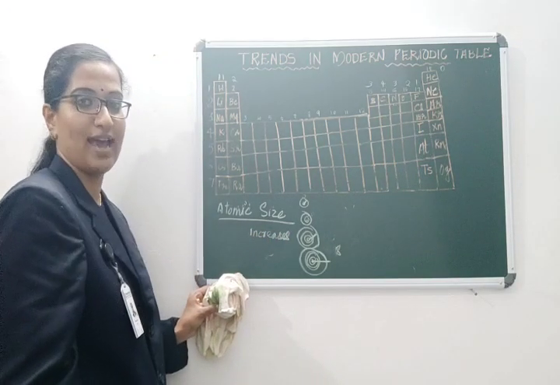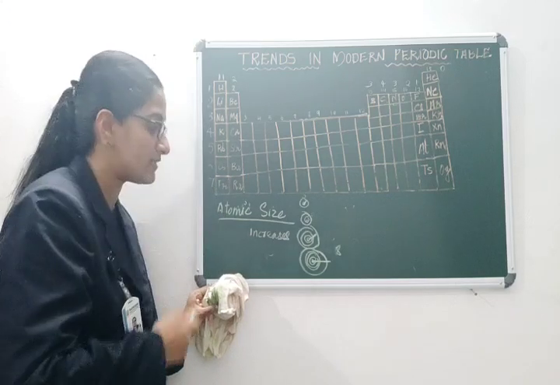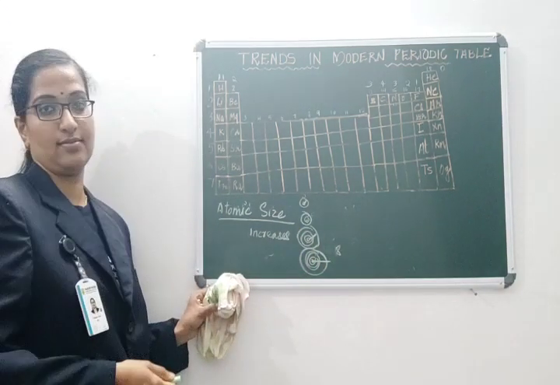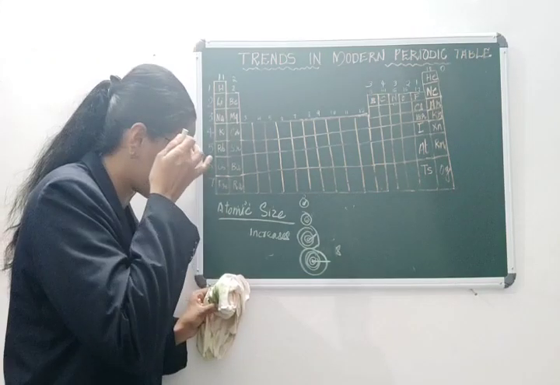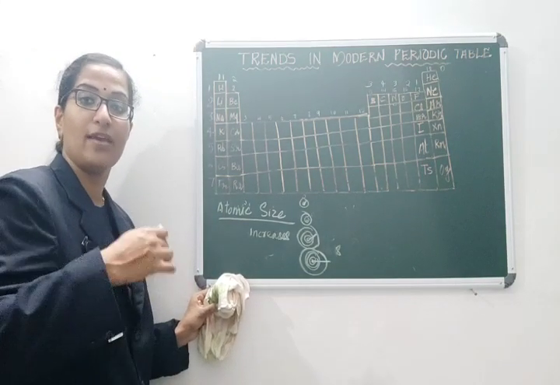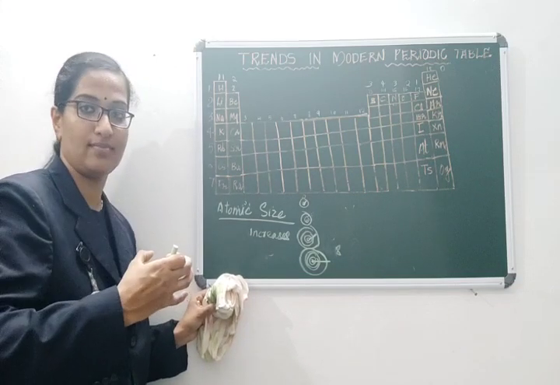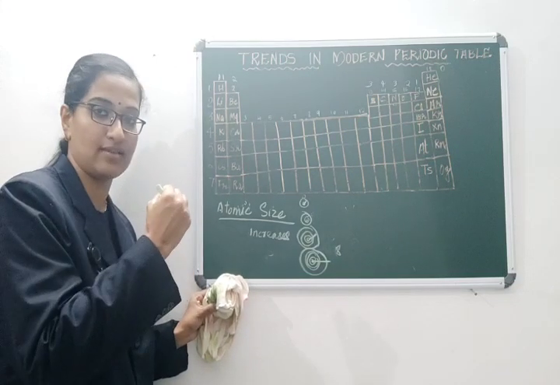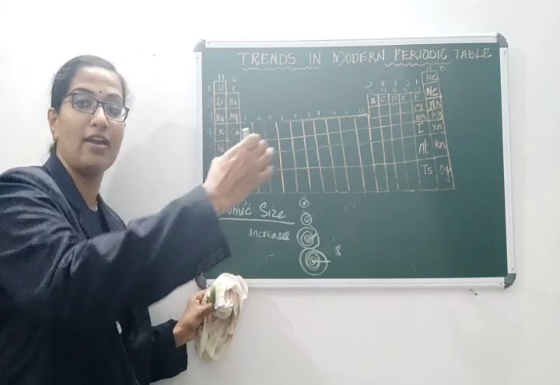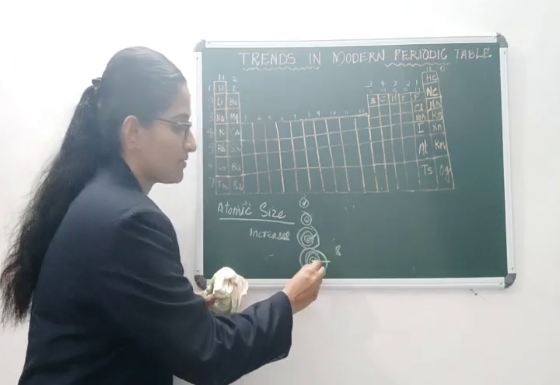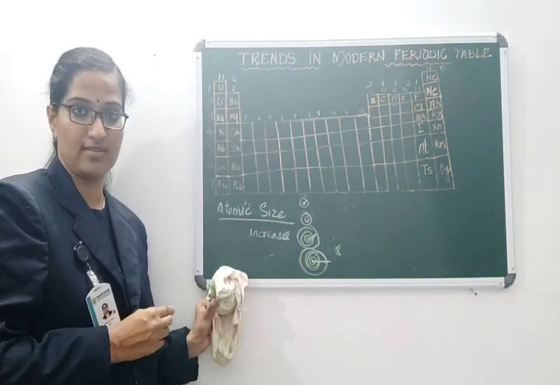As a result, when atomic size increases, the atomic radius also increases. You know the solar system. The planet next to the sun is highly attracted, but the planet which is far away from the sun is least attracted. Right? This is what happens group wise.